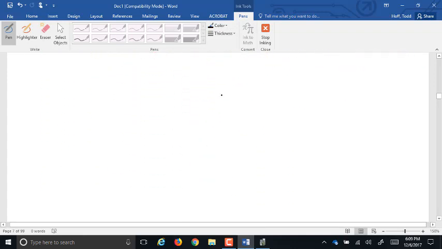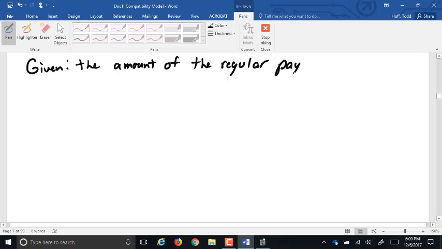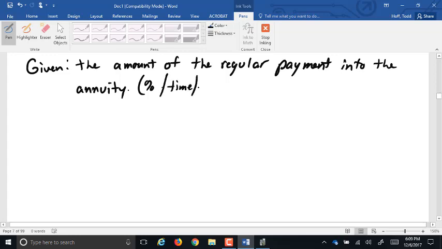So let's look at a formula here. Let's say we are given the amount of the regular payment into the annuity, and of course, the percent, the time, etc., right?